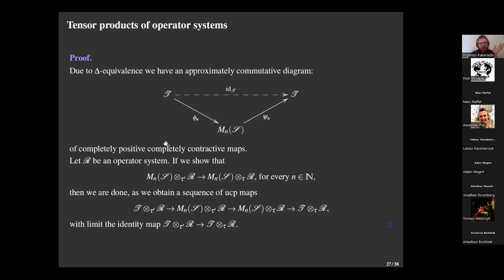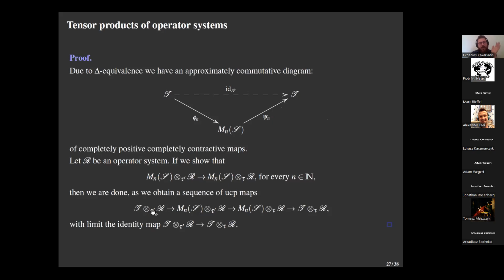The whole point is to show that for any operator system R, I get an isomorphism between M_n(S) tensor tau prime R and M_n(S) tensor tau R. If I manage to do that, then I will get what I want for T tensor R. Why is that?